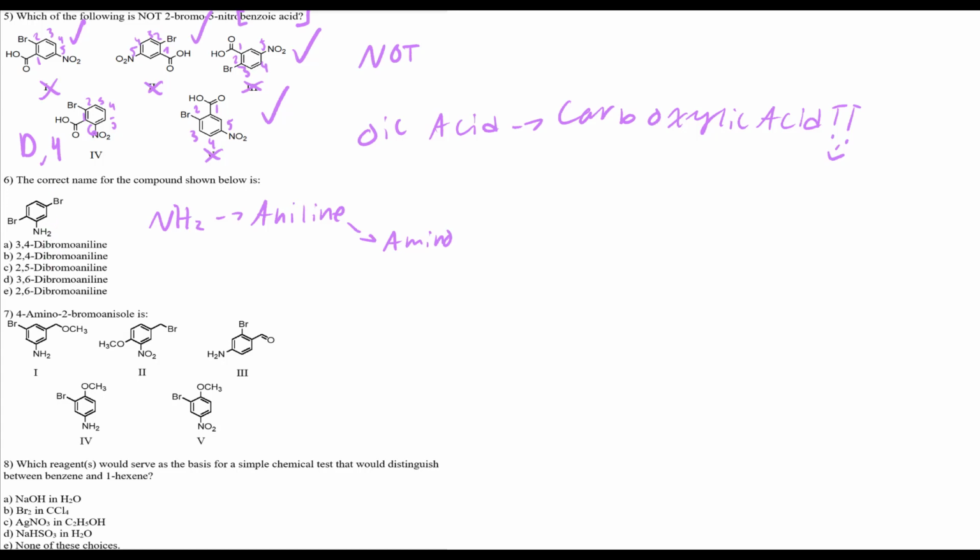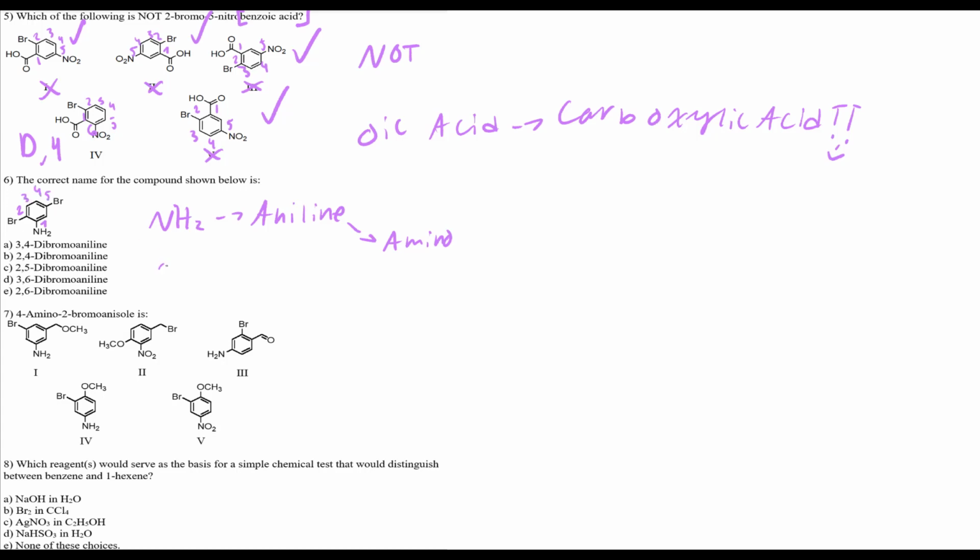So we have to name the correct compound. Since this is the most important substituent, I'm going to call this number 1, and then I have to number my other substituents. So am I going to do 2, 3? Well, no, because my 2nd carbon is just a carbon, but if I go here, my 2nd carbon has a bromine. And again, I want my substituents to be on the lowest numbers. So that's 2, 3, 4, and 5.